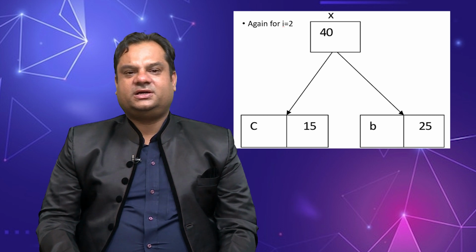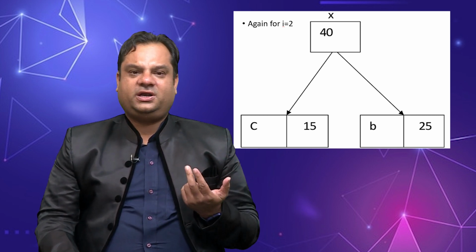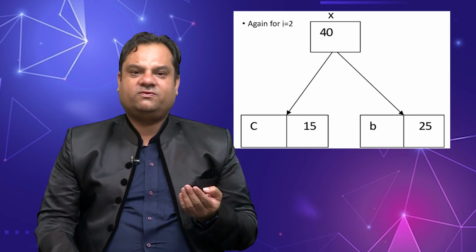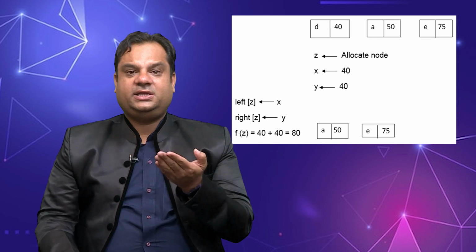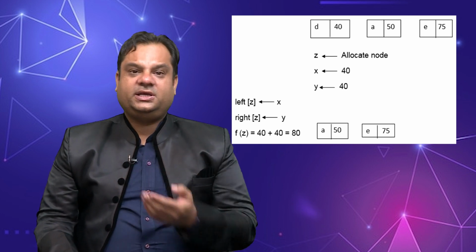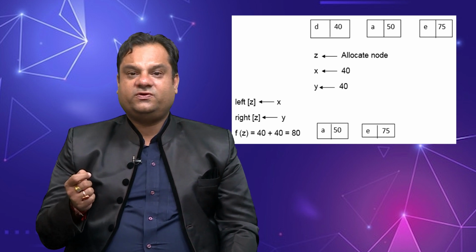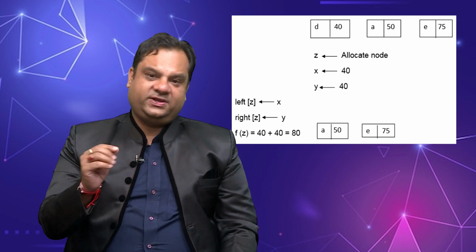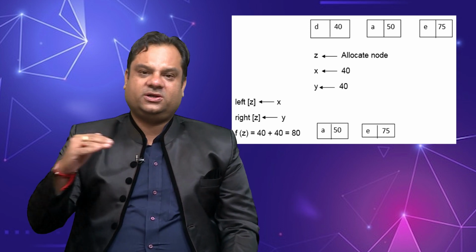Now we have one new value, called X, having a value of 40, and the rest of the values which have not yet been operated on are D, A and E. D has a frequency of 40, A has a frequency of 50, E is 75. That's why we arrange the variables as per the frequency, in ascending order.